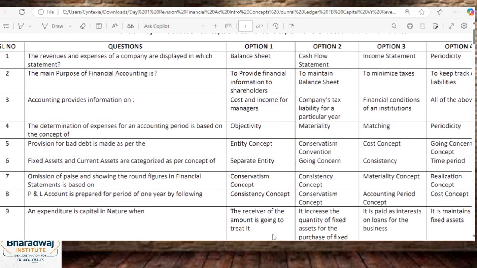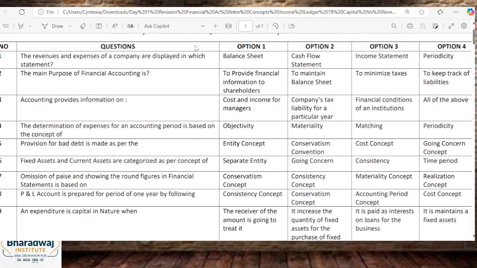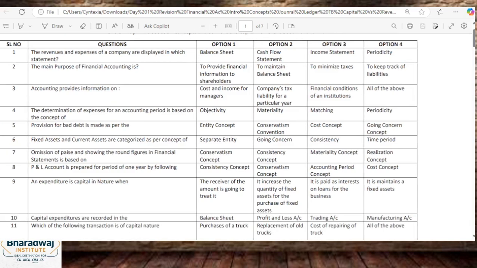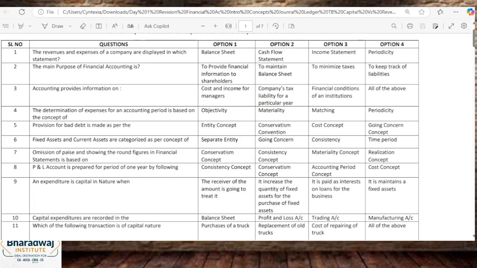What I request is, mark the first 9 questions, then I will discuss. The display is very small, you can just go through your shared material and do that.